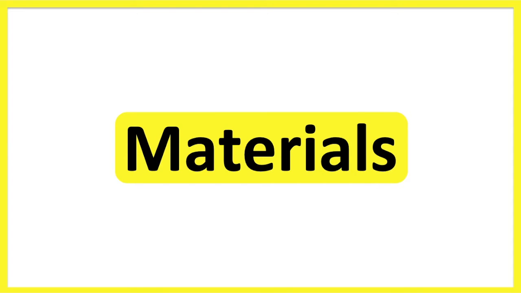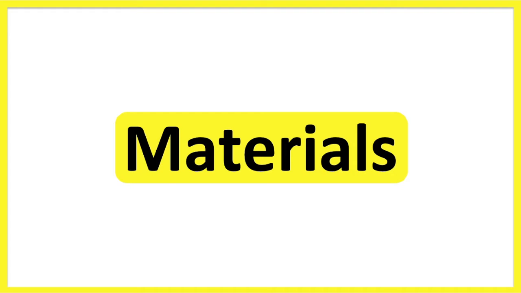Materials. All materials have different properties. We can group materials according to their properties. Understanding the properties of materials helps us to make decisions about the type of materials we should use for particular jobs.